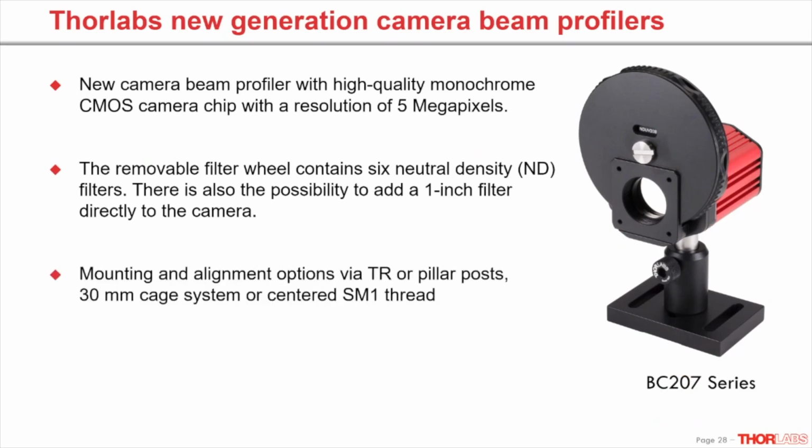There are various mounting and alignment options such as 8-32 or 1/4-inch threads for TR or pillar posts, and easy centered access to the aperture with 30 mm cage bores or a centered SM1 thread. The BC12207 is also designed to fit the M-squared measurement kits.